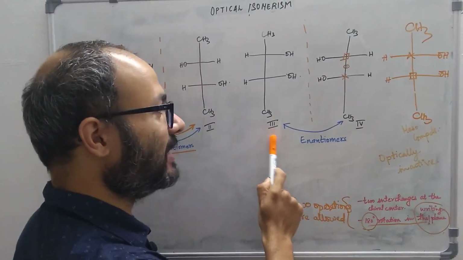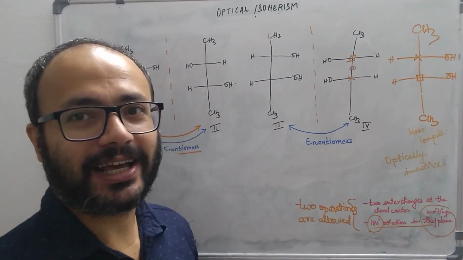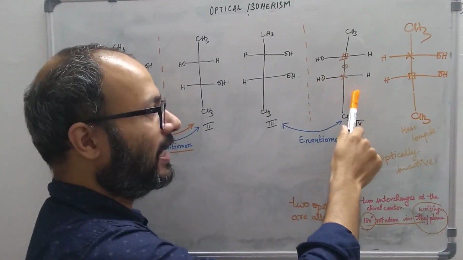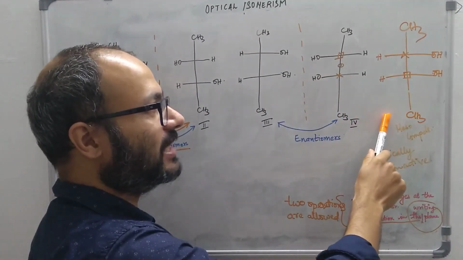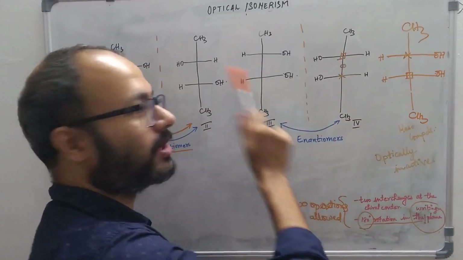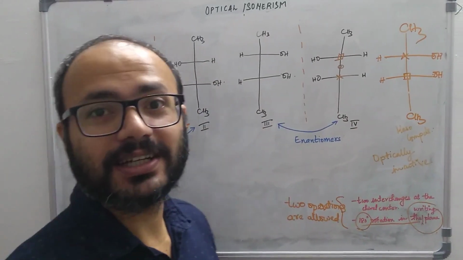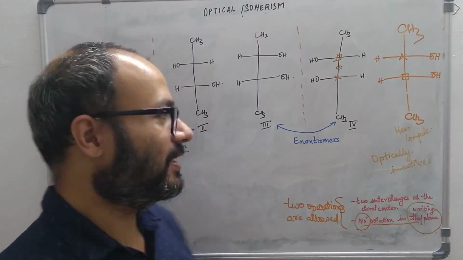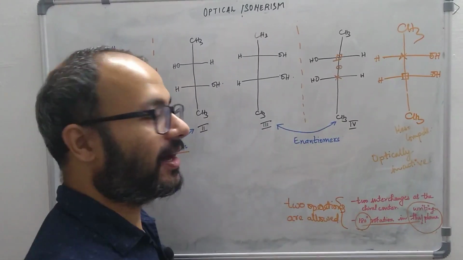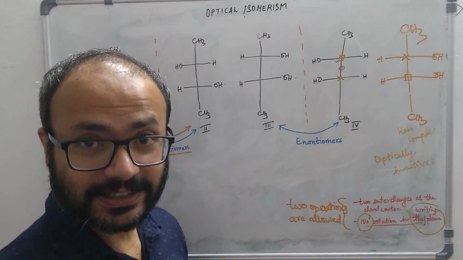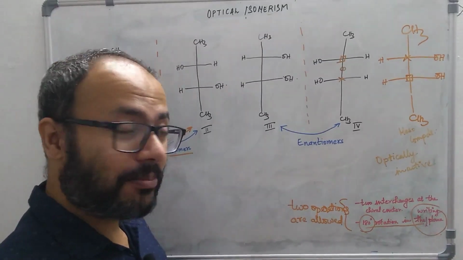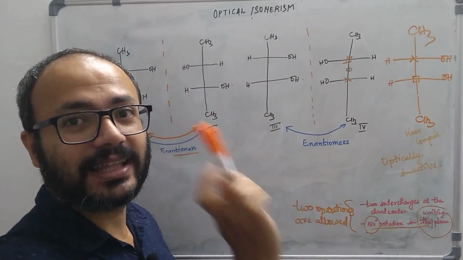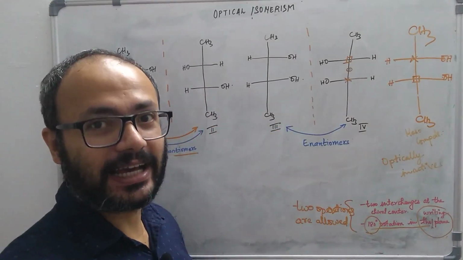Now in this case 3 and 4 are not chiral because the mirror image of this is this one, and I just did an operation which doesn't change the molecule, but that molecule is superimposable on the original molecule, that is 3. So that means 3 and 4 are optically inactive. Okay, you have to keep in mind that both these contain chiral centers, but still they are optically inactive.